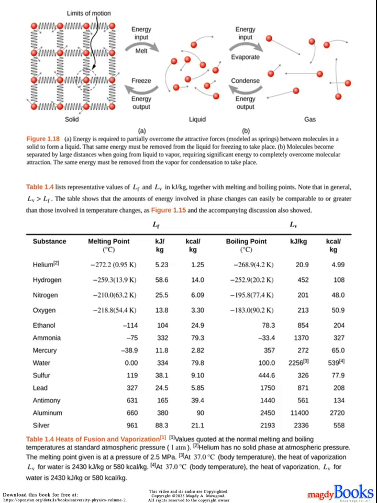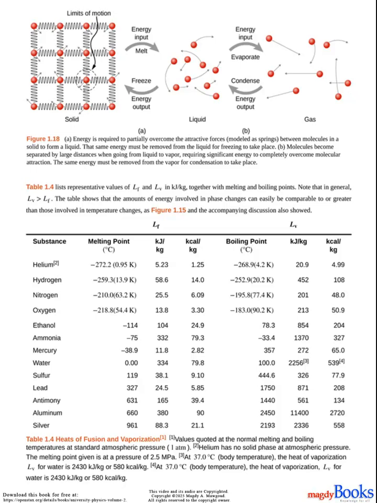Helium. 2. Melting point, negative 272.2 degrees Celsius, 0.95 K. 5.23 kilojoules per kilogram, or 1.25 kilocalorie per kilogram. Boiling point, negative 268.9 degrees Celsius, 4.2 K. 20.9 kilojoules per kilogram, or 4.99 kilocalorie per kilogram.